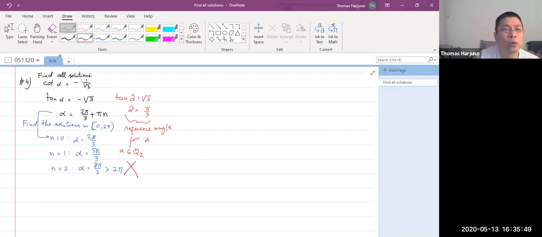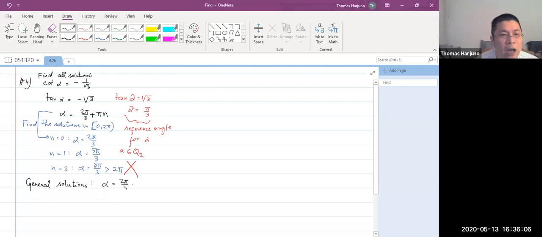So the general solution, if they ask for all solutions, will be alpha equals 2 pi over 3 plus an integer multiple of pi.